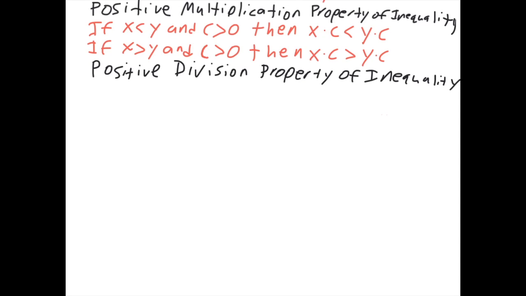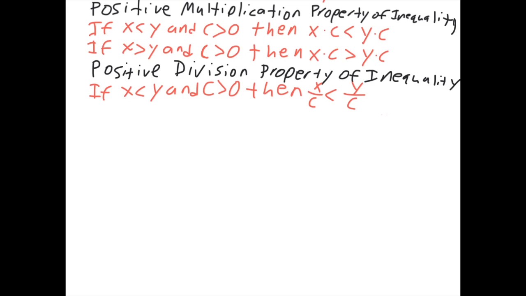Similarly, the positive division property of inequality says if x is less than y and c is greater than 0, then x divided by c is still less than y divided by c.